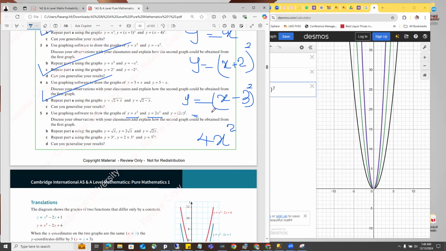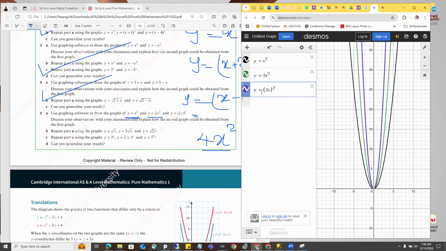Closer still. If we compare this one and this one, from here to here the y value has been multiplied by 4. So it has been narrowing down further. That is the purple color one.